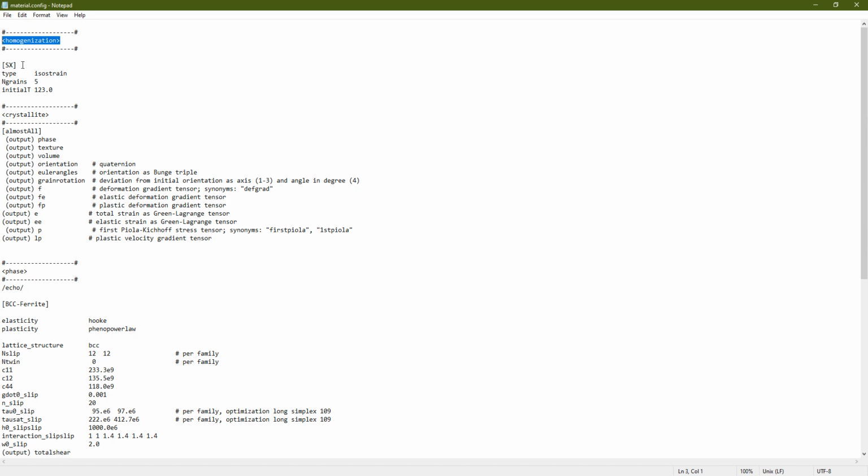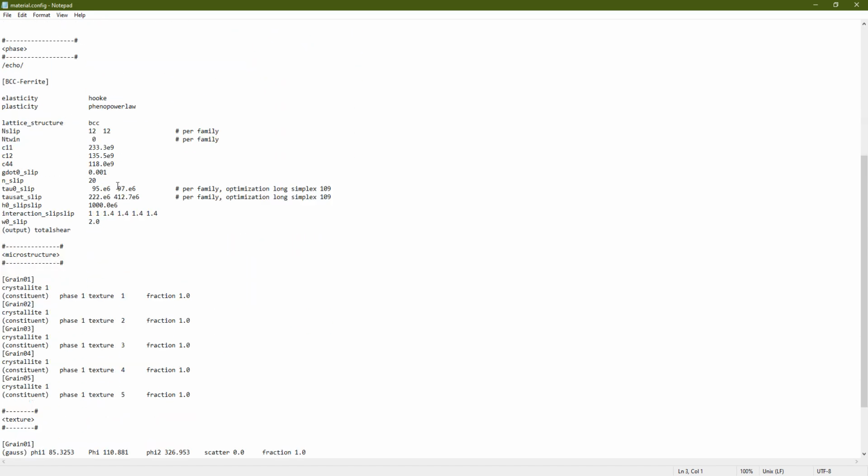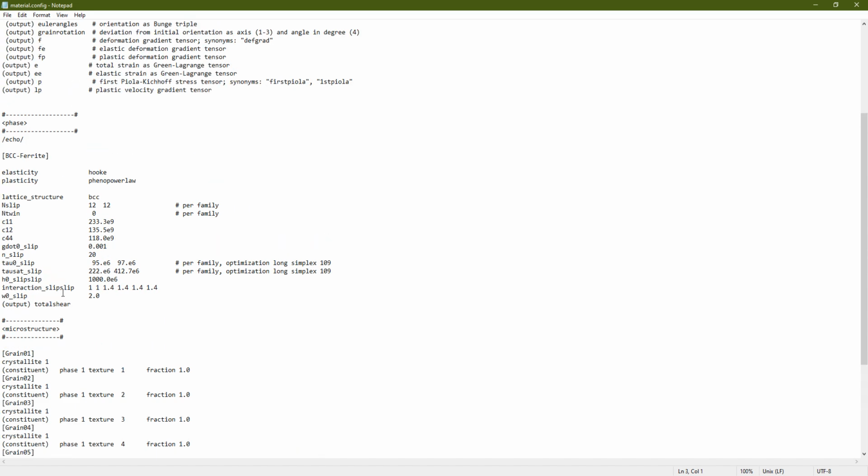Right? So this is the specific format of the material file. We should have this, and now the important thing here is to understand what is written here. If you define two phases here, then you should have information about the second phase in this section as well.